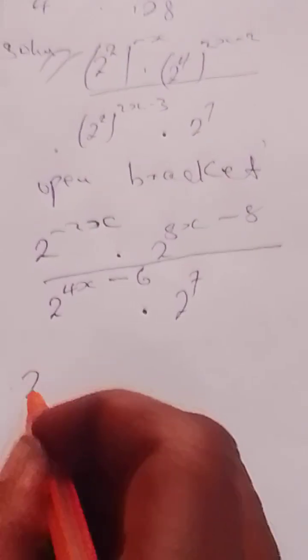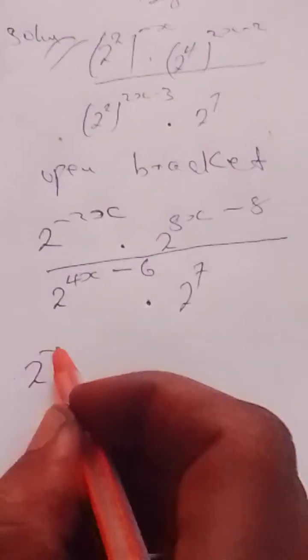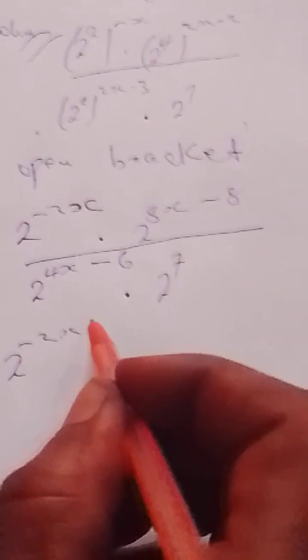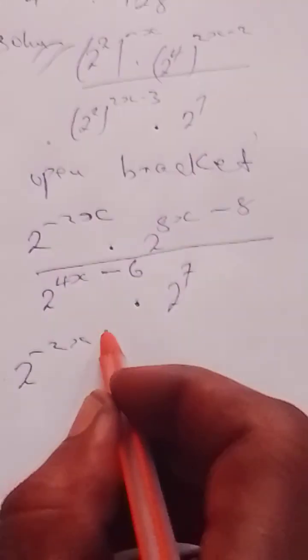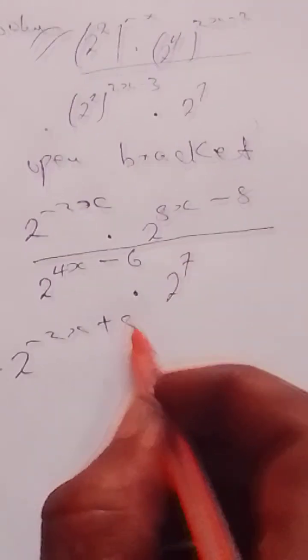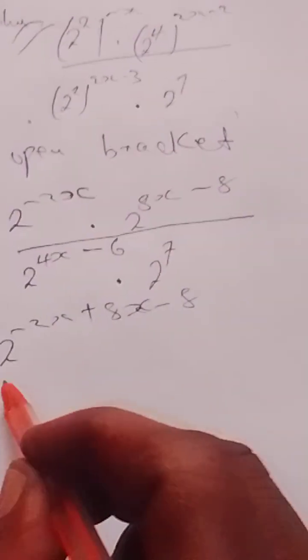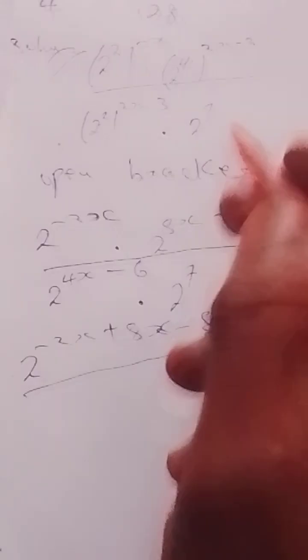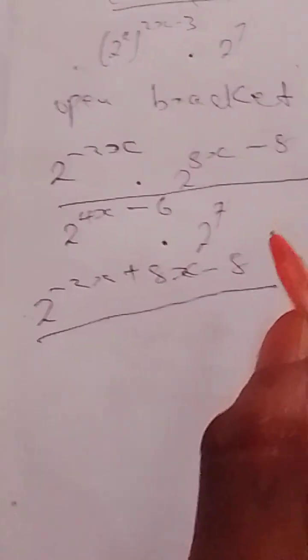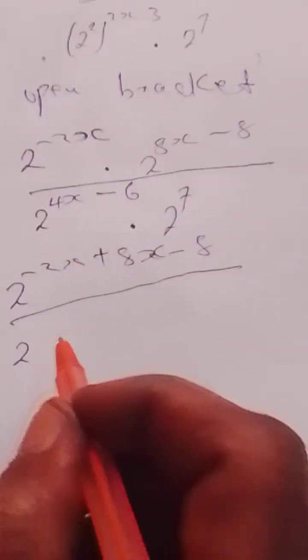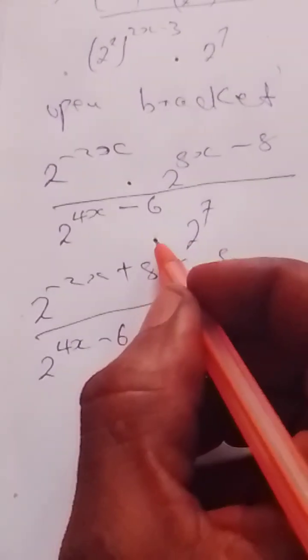So 2 raised power minus 2x, our multiplication will turn to addition, plus 8x minus 8, divided by the same thing we did here. We have base here, we have base here. 2 into 4x minus 6, multiplication turns to plus, addition.